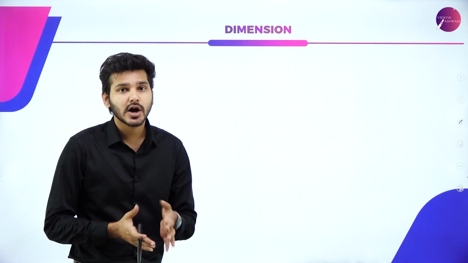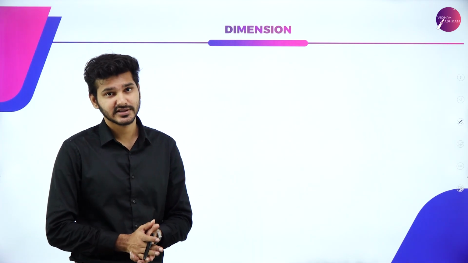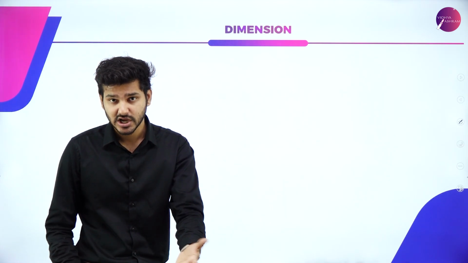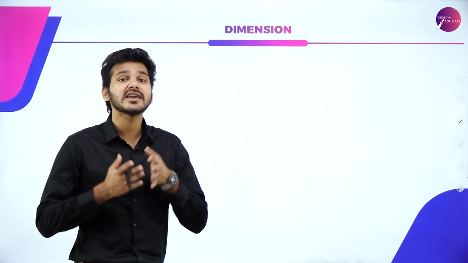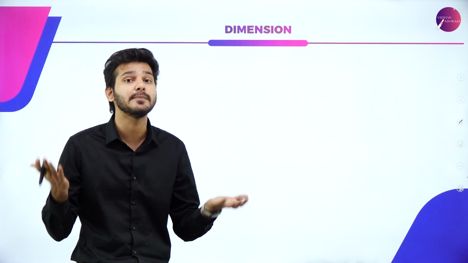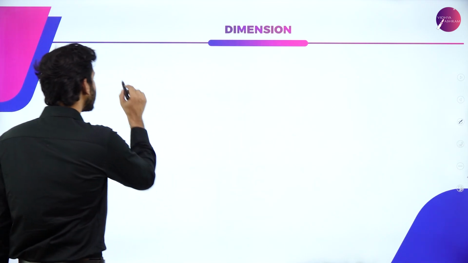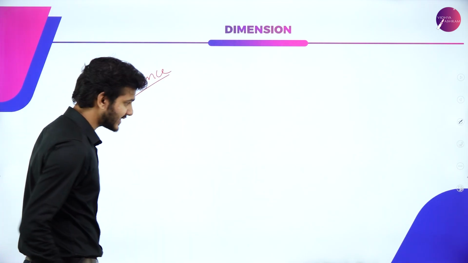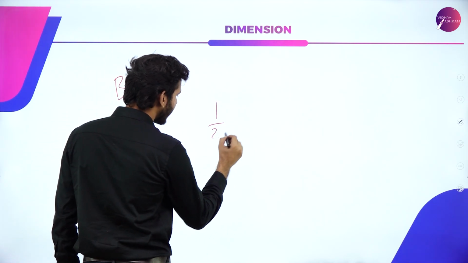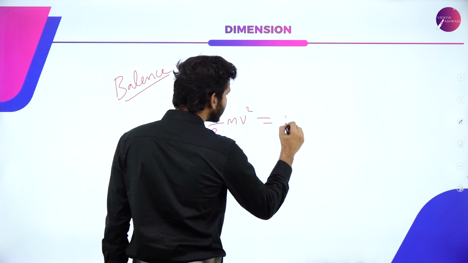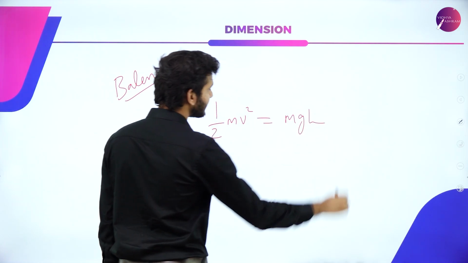So we just figured out how we can use dimensions. That is, if we have an equation, I can figure out the dimension. So why do we use this? We can use this in order to check if two equations are dimensionally balanced, so we can check the balance or the correctness of an equation. That is, I can check if half mv square, that is kinetic energy, is equal to potential energy, mgh.